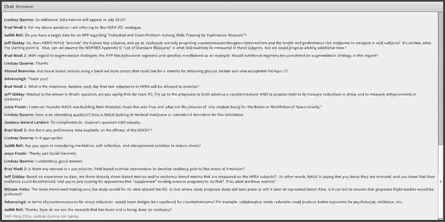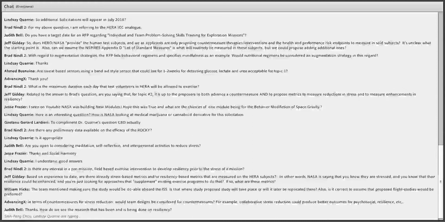The team mentioned making sure the study would be doable aboard the ISS. Is that where the proposed study will take place, or will it be replicated there? Also, is it correct to assume that proposed flight studies would be preferred?